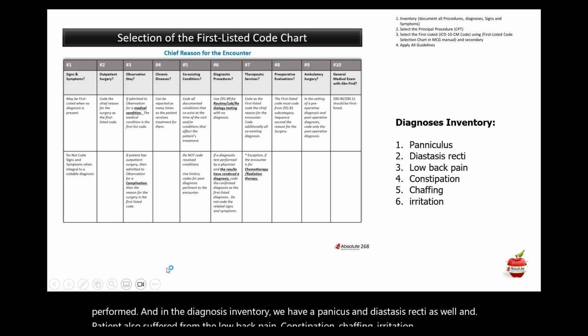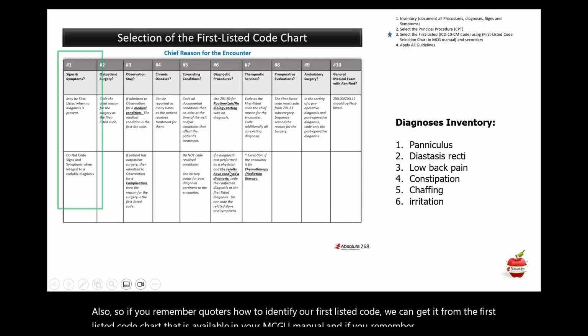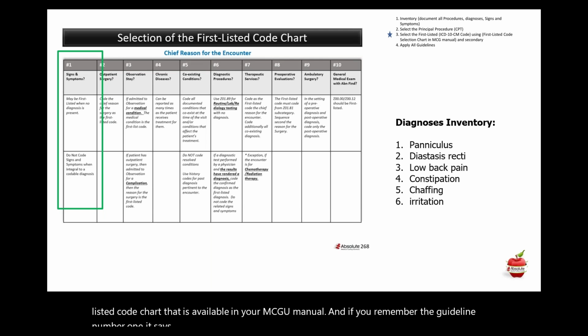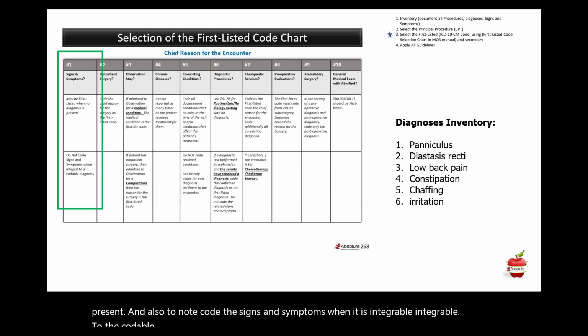So if you remember, coders, how to identify our first listed code, we can get it from the first listed code chart that is available in your MCG manual. And if you remember guideline number 1, it states that signs and symptoms may be listed first when no diagnosis is present, and also do not code the signs and symptoms when they are integral to the codable diagnosis. So we have a panniculus and diastasis recti, which is the main diagnosis in the scenario.